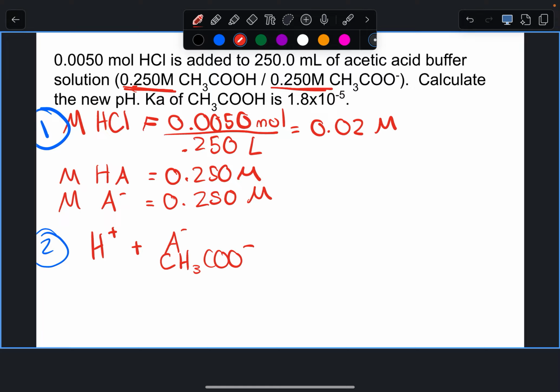And then what do those do? Because it's a strong acid, it reacts completely and makes the weak acid, CH3COOH.